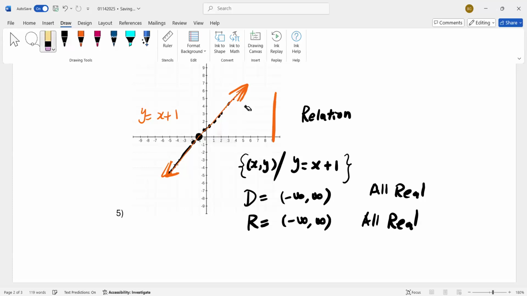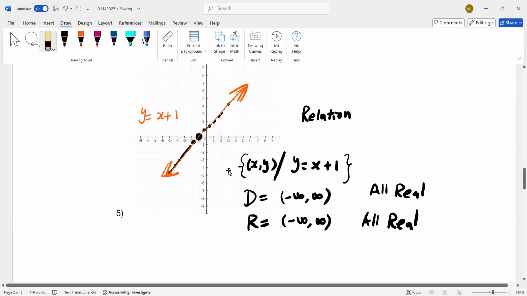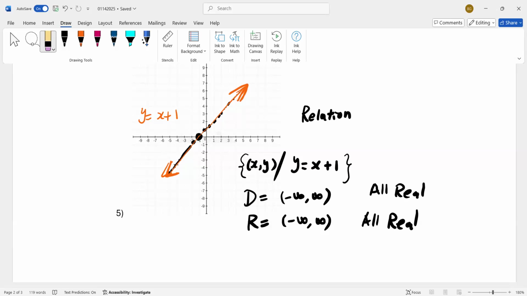Yes or no? No, you're right. It doesn't have a boundary from the left. It doesn't have a boundary from the right. In that case, the domain is all real, from negative infinity to positive infinity. Again, this is the first time we see something like this. Do not worry about that. We will repeat the same type of problem later.